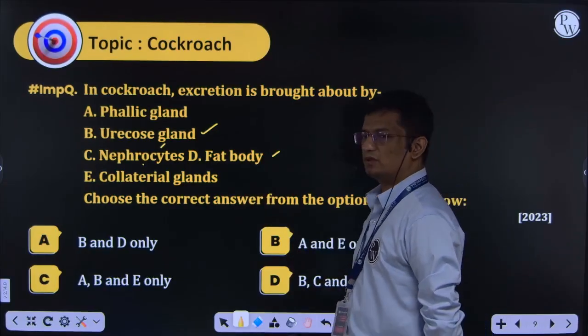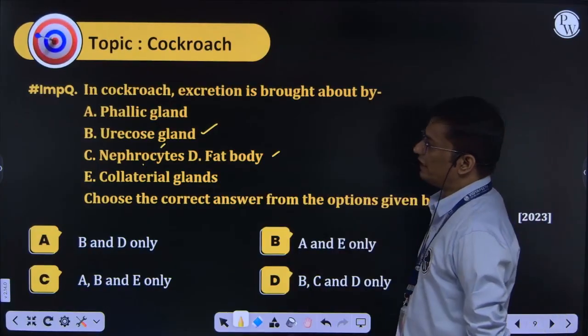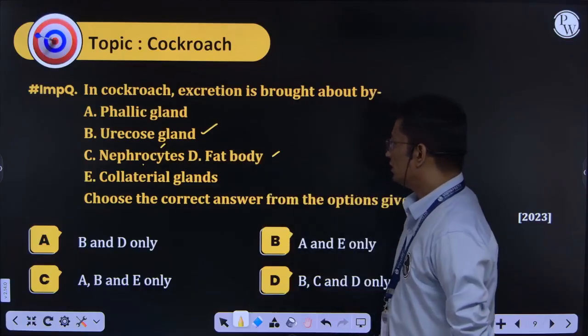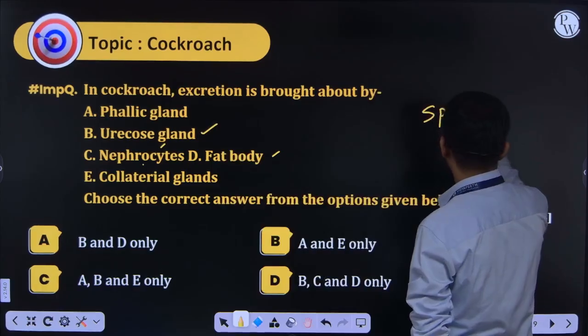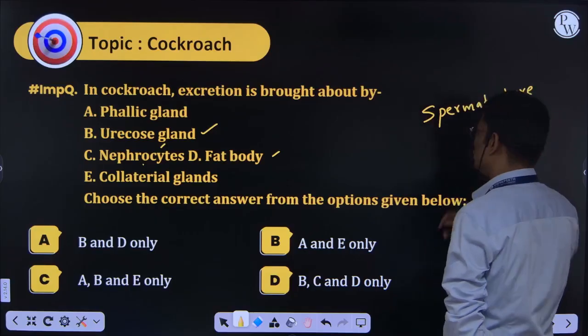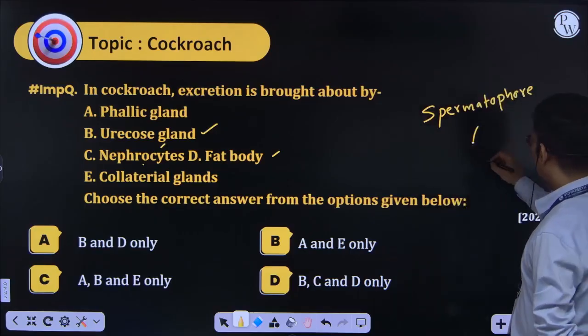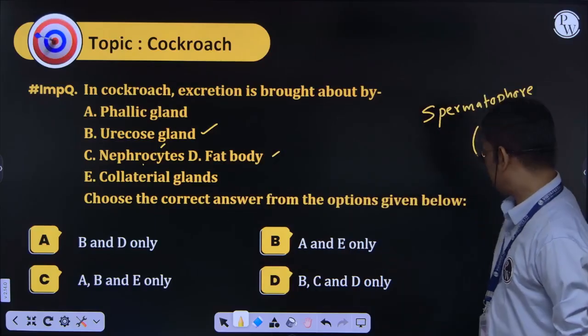Collateral gland is producing the ootheca. Ootheca is produced by collateral gland. Phallic gland helps in the formation of spermatophore, packets of sperm, that is known as spermatophore. So the covering of spermatophore is produced by this phallic gland.